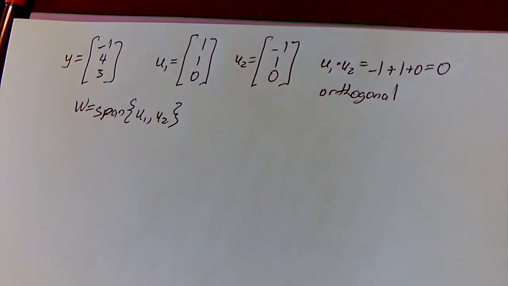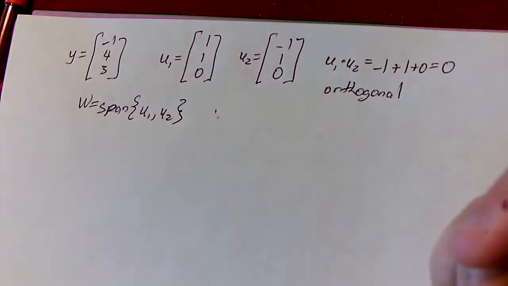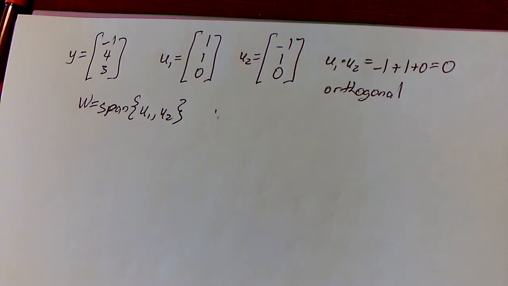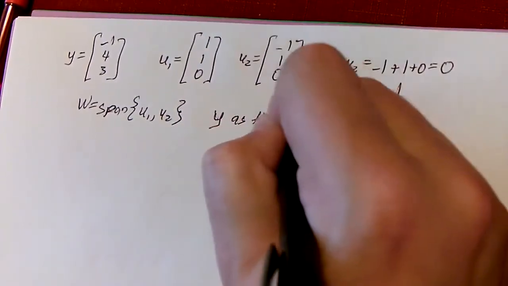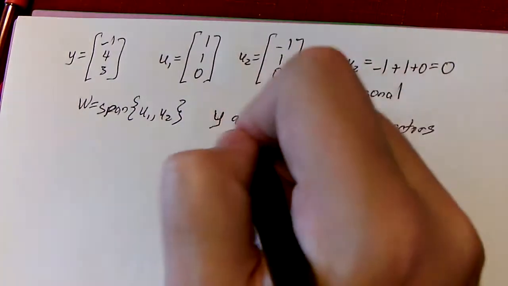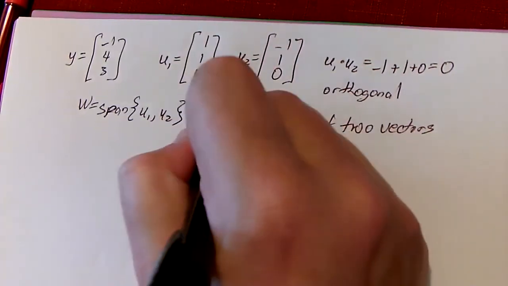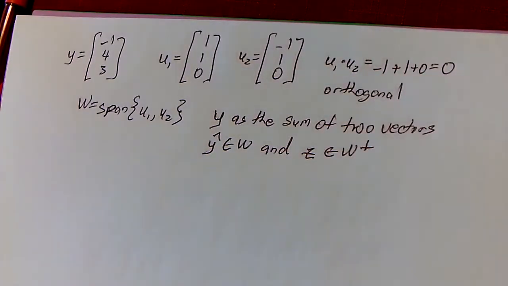Okay. And I want to find two vectors. So we're going to find a vector that's in W and a vector that's orthogonal to W. So I'm going to write y as the sum of two vectors: y hat that's in W, and z that is orthogonal to W, which means it's in W perp.